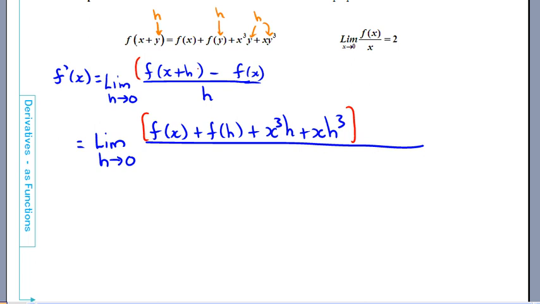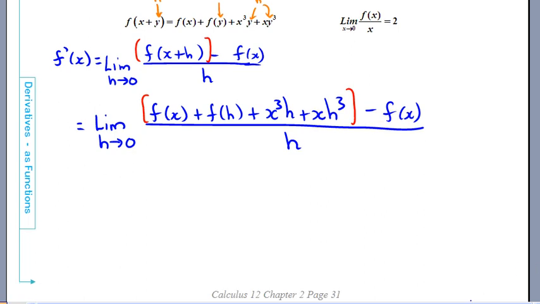That's just me doing this. Now subtract off f of x. Okay, minus f of x. And all of that sits on top of h. Oh, hey, look, there's that issue where the non-h terms kind of go away. That's gone with that. And what are we left with? All right, well, let's see if we can tidy this up here a little bit.